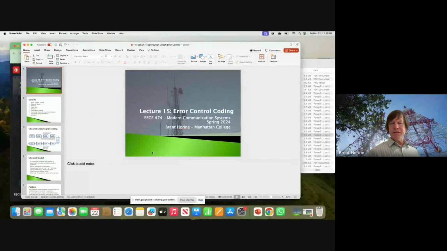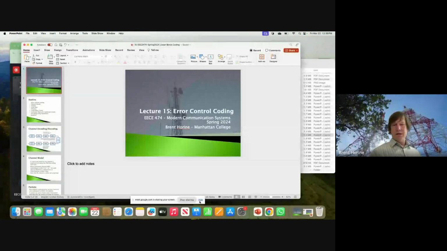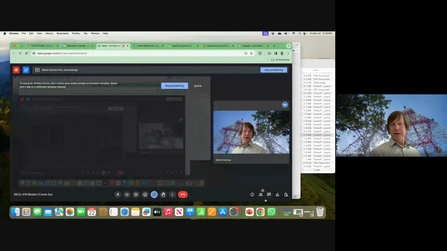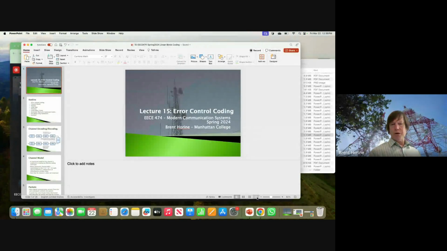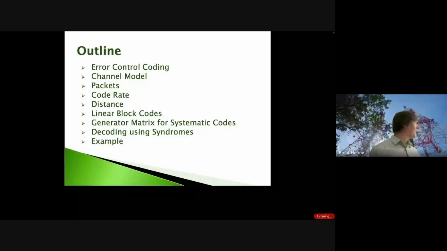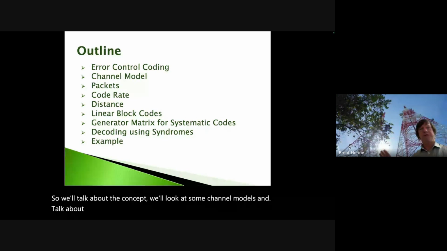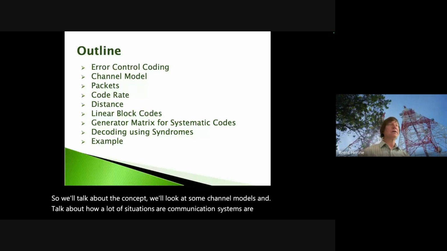Today let's talk about, let me make sure that is recording, let's talk about error control coding. We'll talk about the concept, we'll look at some channel models, and talk about how in a lot of situations our communication systems are formed into packets of information.